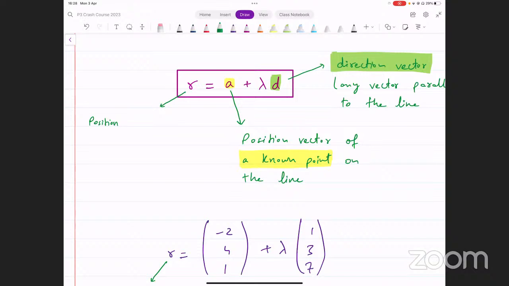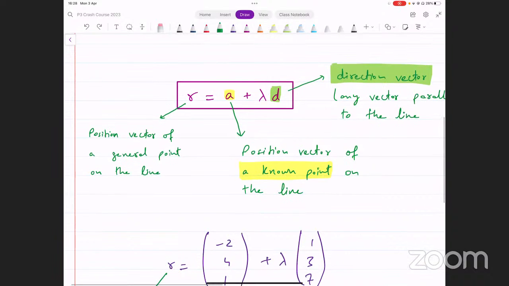We don't say coordinates generally. We say what their position vectors are. So R is the position vector of a general point on the line.